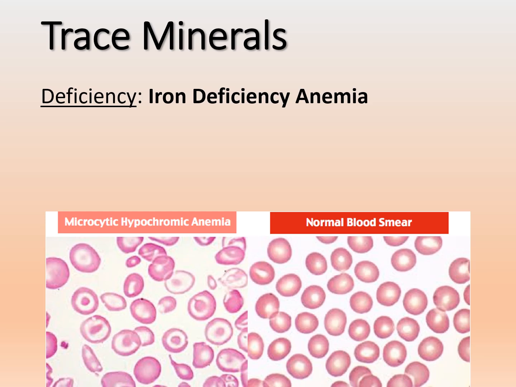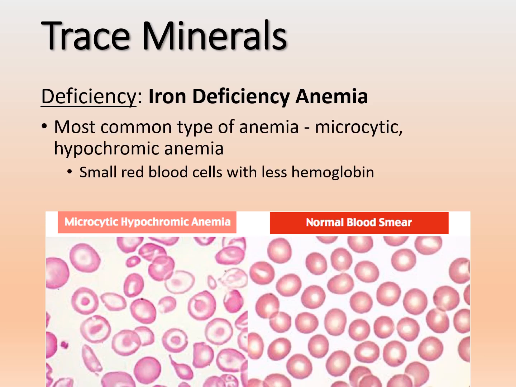So we do see iron deficiency, and what happens is we get this iron deficiency anemia. Anemia is just a general term for a low red blood cell count, and that can be caused by multiple different reasons, but one specific reason is iron deficiency.